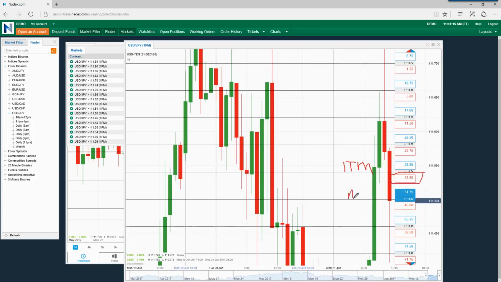Your at the money is where it's currently trading. This is your at the money, which is 111.50. And the out of the money, which literally means that price is not there yet, is down here at 111.46. And you would always do the red boxes because you want to sell. Does everybody understand that?